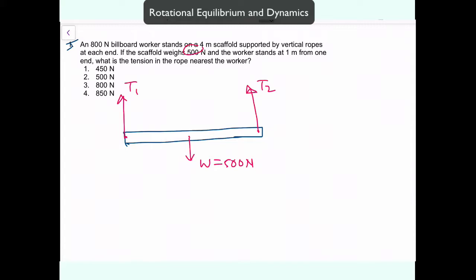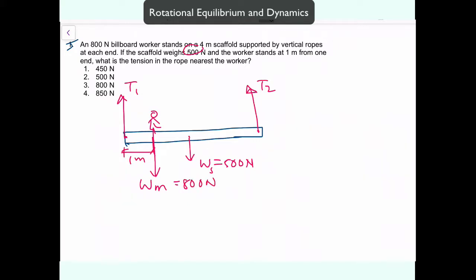Now it states that the worker stands 1 meter from one end, so let's say the worker is standing 1 meter from here, and the weight of the man, this one you can call the scaffold, is 800 Newton.